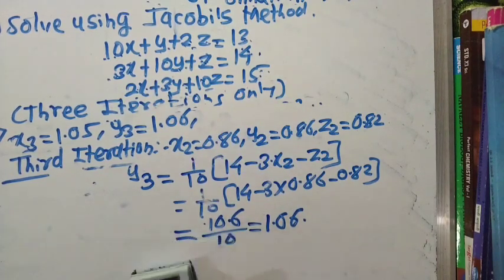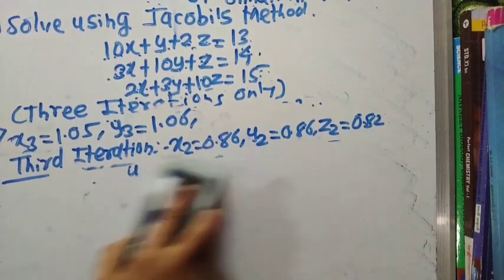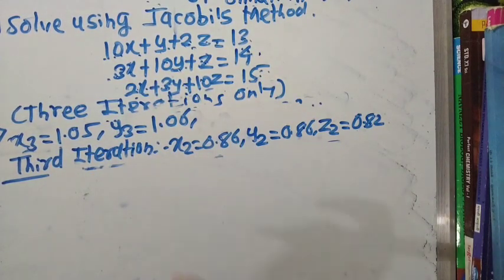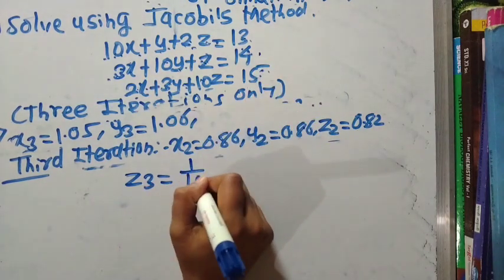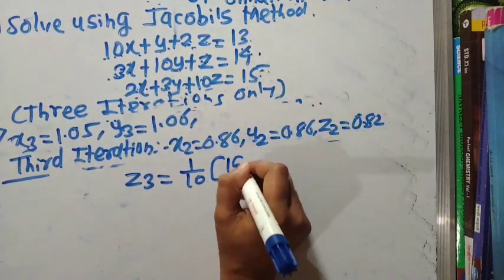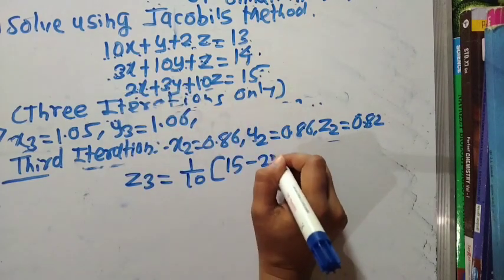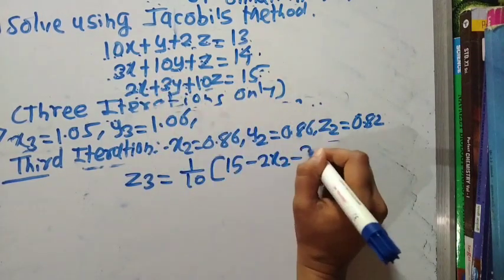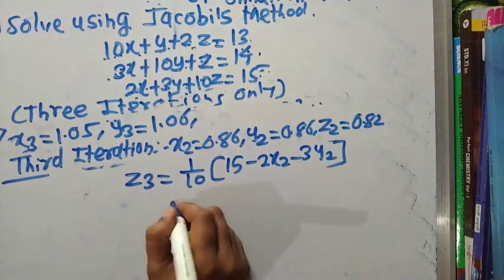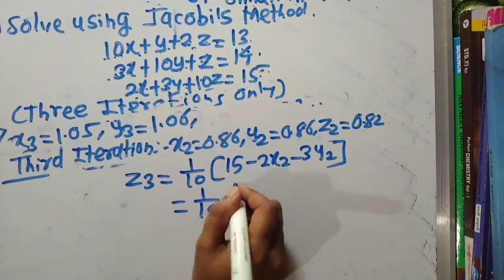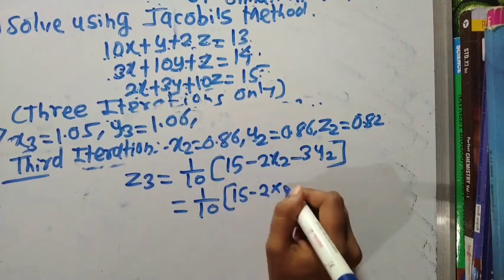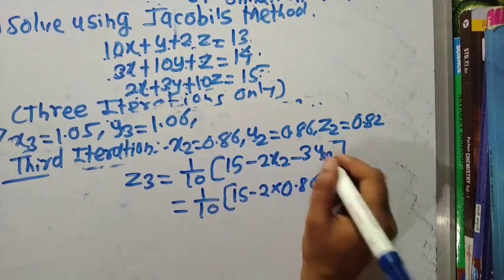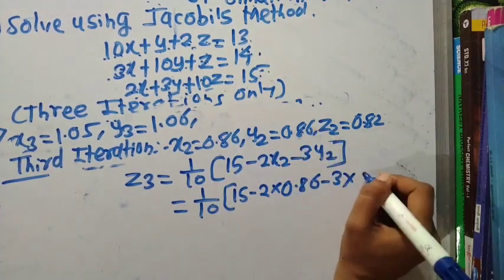Then find out z3. So z3 is equal to 1 divided by 10, 15 minus 2x2 minus 3y2. So 1 by 10, 15 minus 2 into x2 minus 3 into y2.